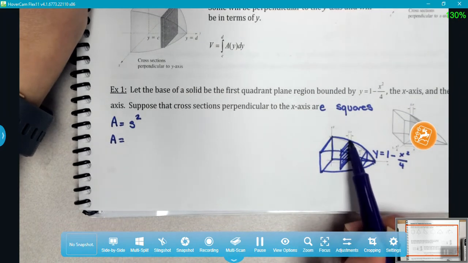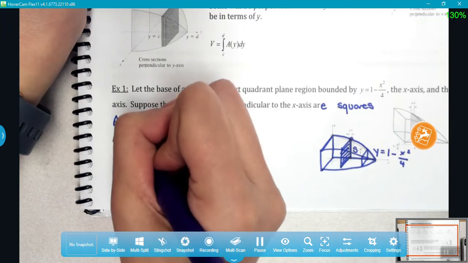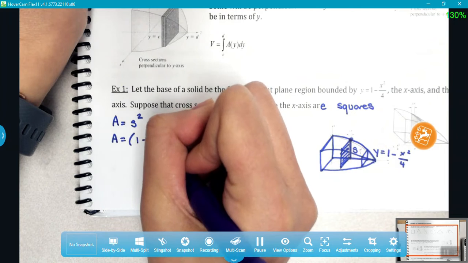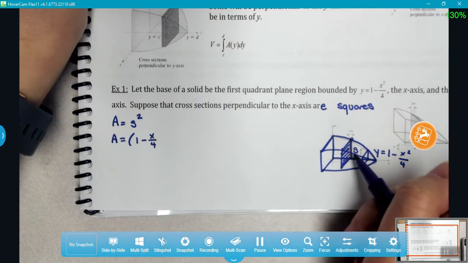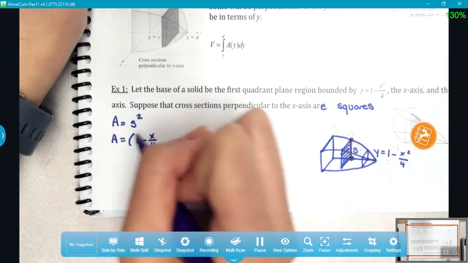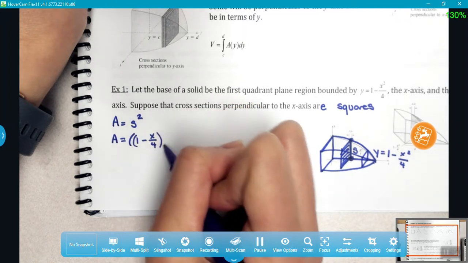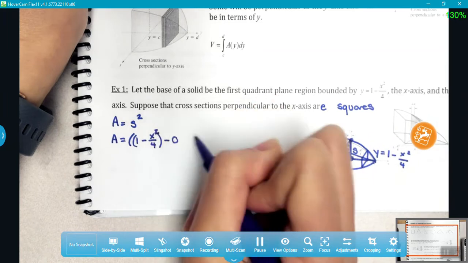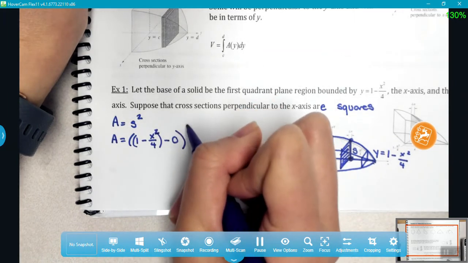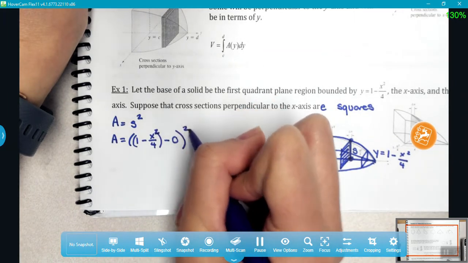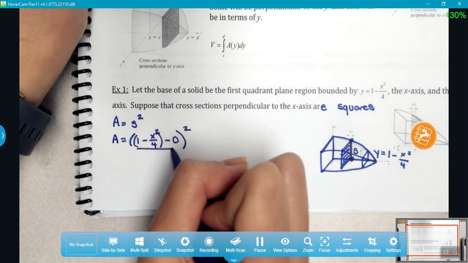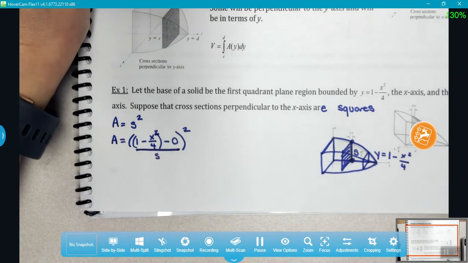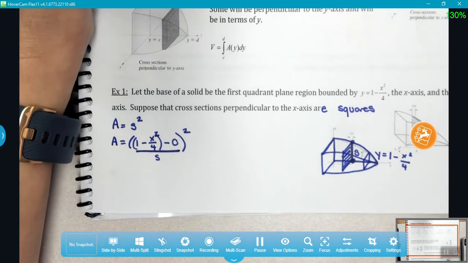The top of our square hits at 1 minus x squared over 4, and the bottom of our square hits at 0. So this is (1 minus x squared over 4 minus 0), and that whole thing is squared because that's the area. This is the length of one side. That's what s is equal to. Okay?